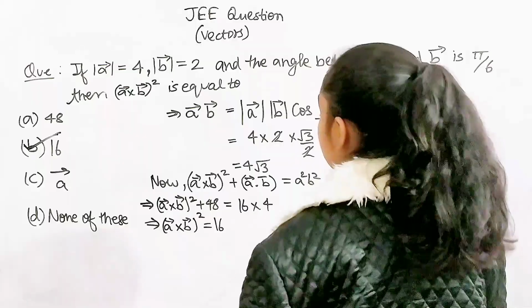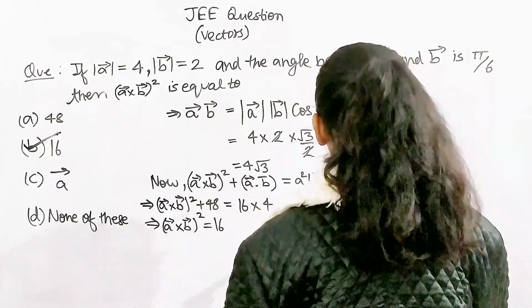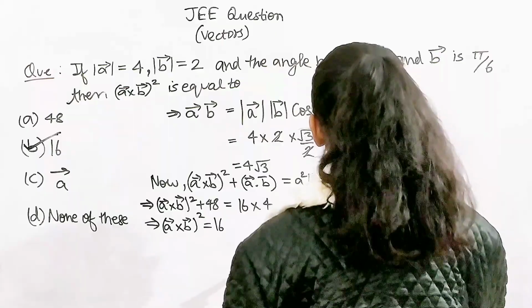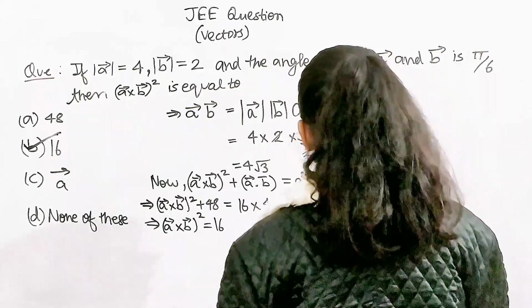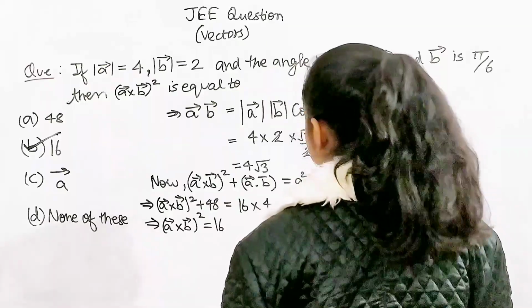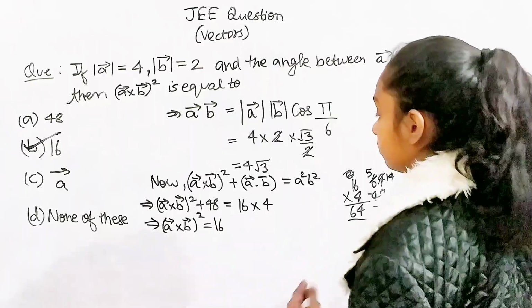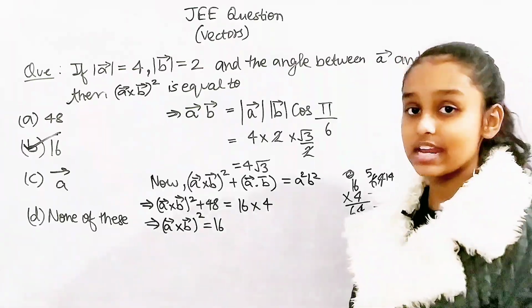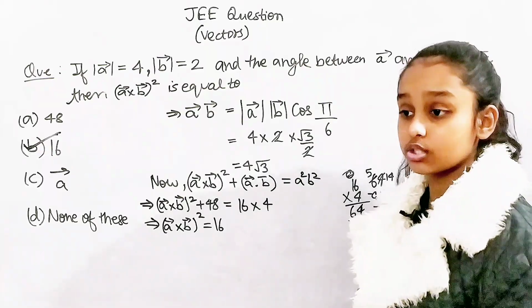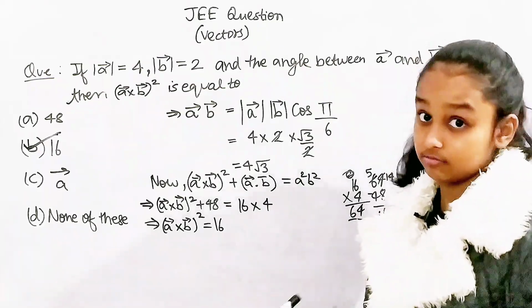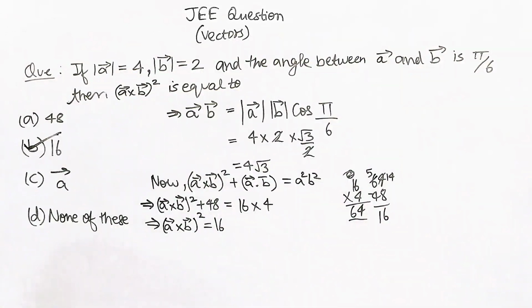So what are we going to get? 64 here, right? And 64 minus 48 will give us, guess what? There's no need to get confused because it's going to give us 16, right? Because 14 minus 8 will be 6, when I add 8 with 6 I get 14. So the answer is 16.